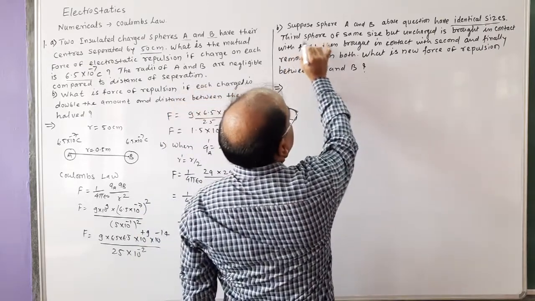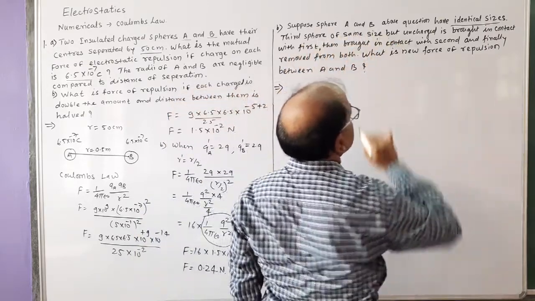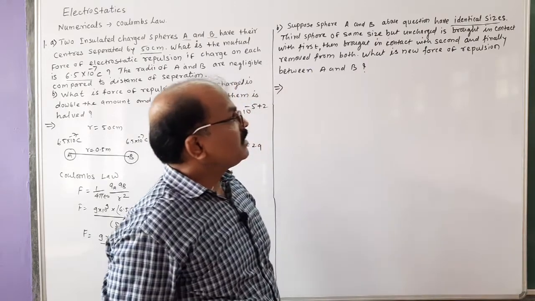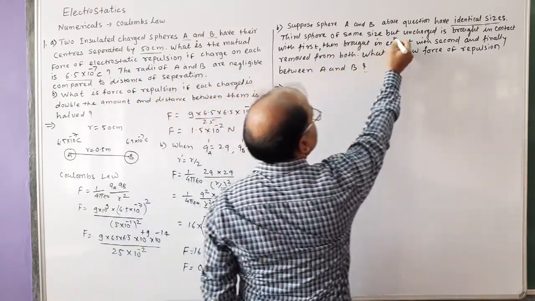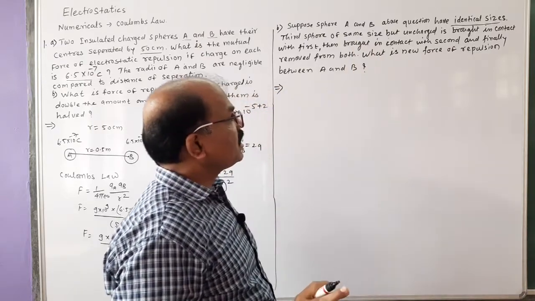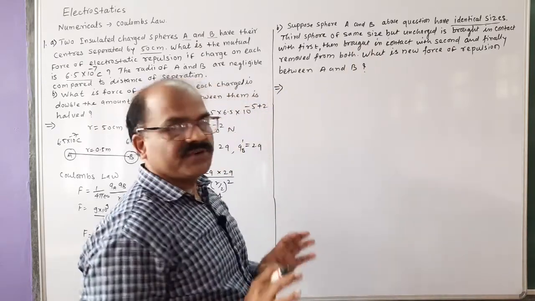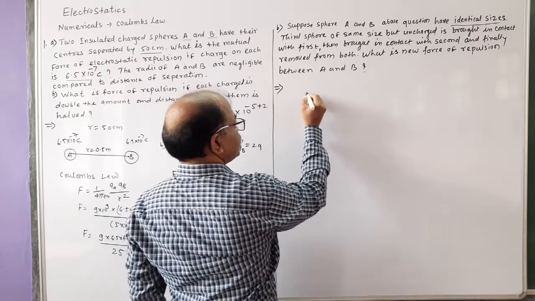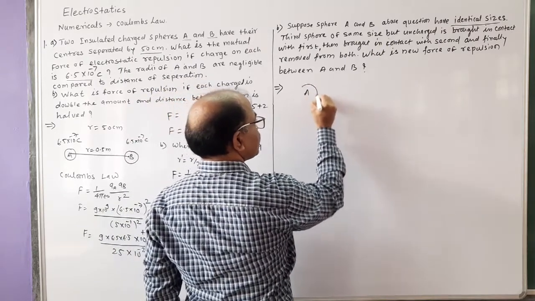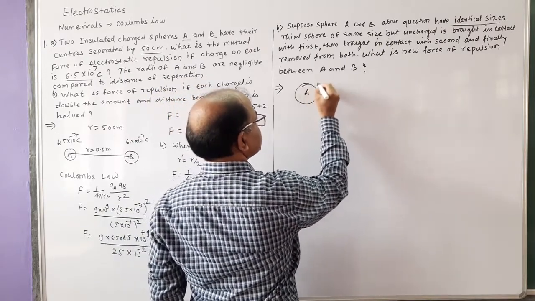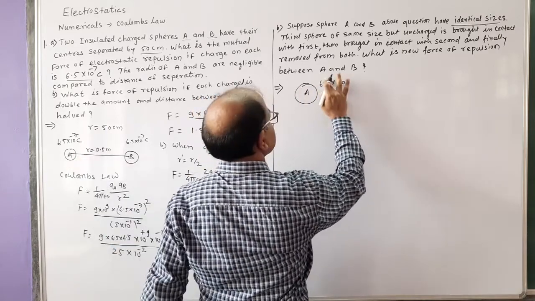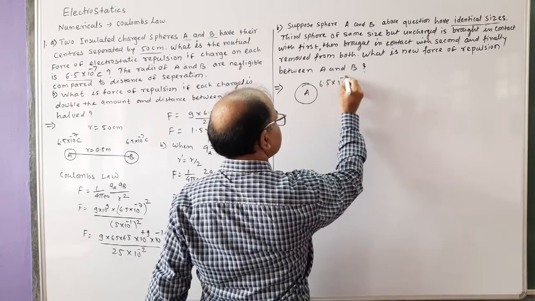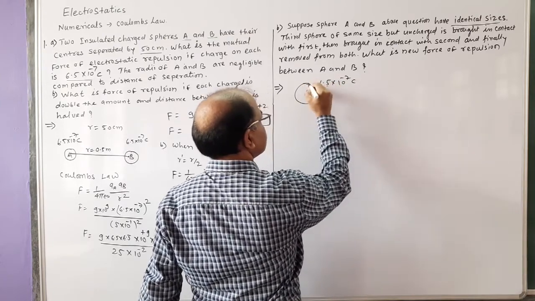Suppose A and B are identical in size, and a third pair of the same size but uncharged is brought in contact with the first. First means pair A, which has a charge 6.5 into 10 raised to minus 7 Coulomb. This is the charge on this pair A.